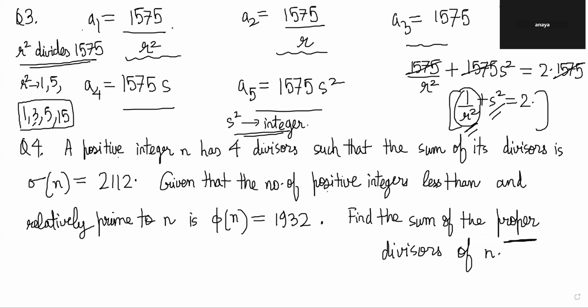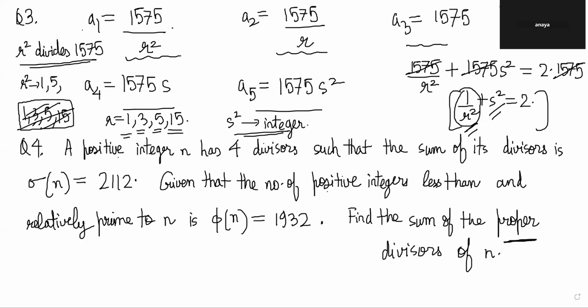One second. So what are the possible values of R such that both R and R square divide 1575? R could be 5 actually. R could then be 1, 3, 5, 15, because 225 will also divide this. In that case, you will get different values of S. You have to calculate a little bit and check whenever S is an integer.